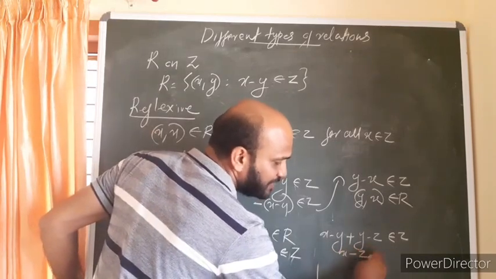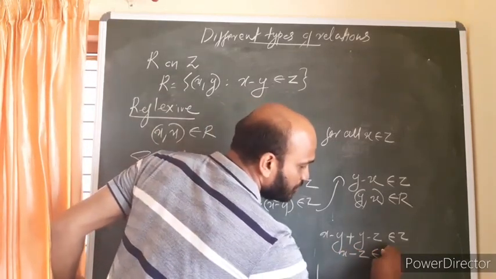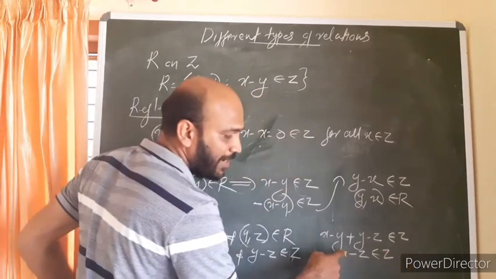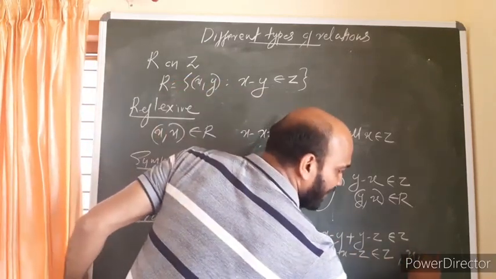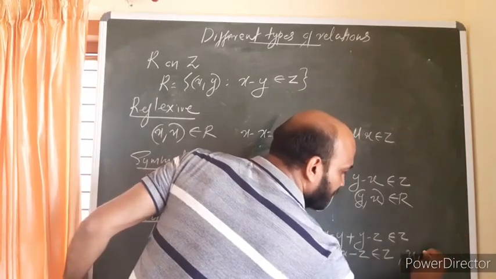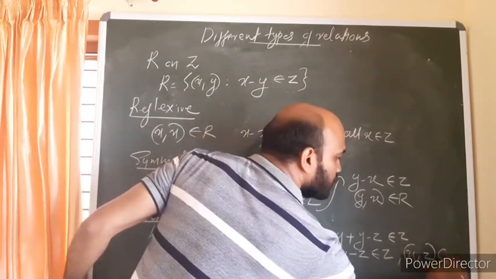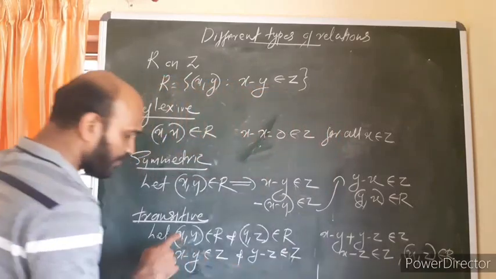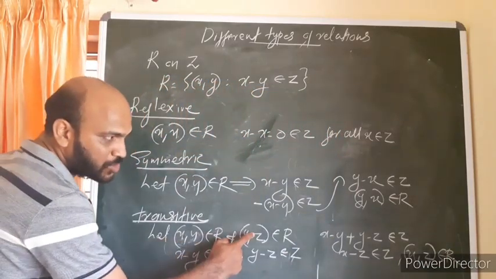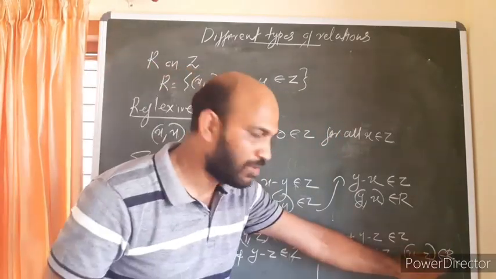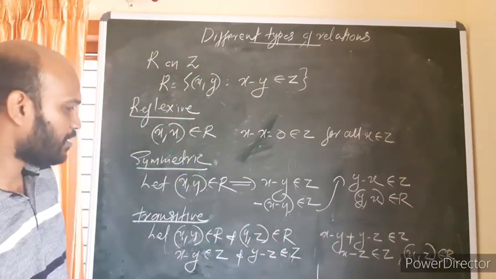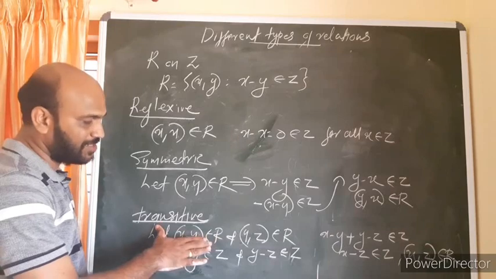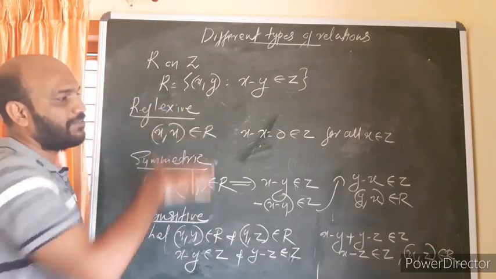You get x minus z belongs to Z. X minus z belongs to Z means x is related to z. (x,z) belongs to R. So if (x,y) belongs to R, (y,z) belongs to R, then (x,z) belongs to R. So it is okay for all variables. So it satisfies the conditions of transitive, symmetric and reflexive.